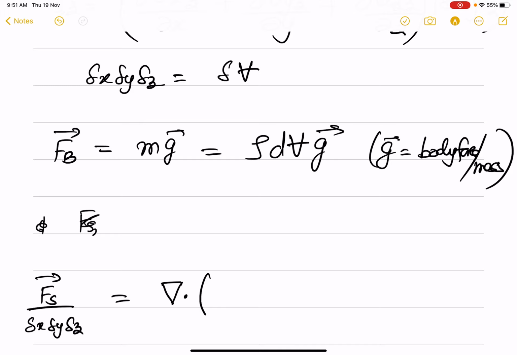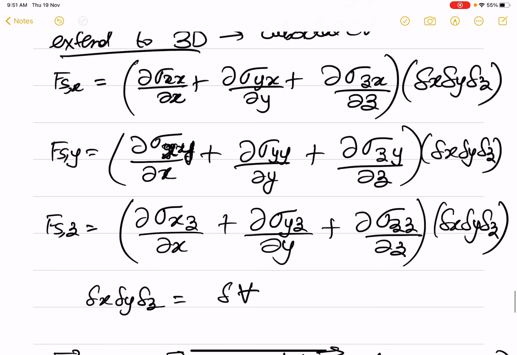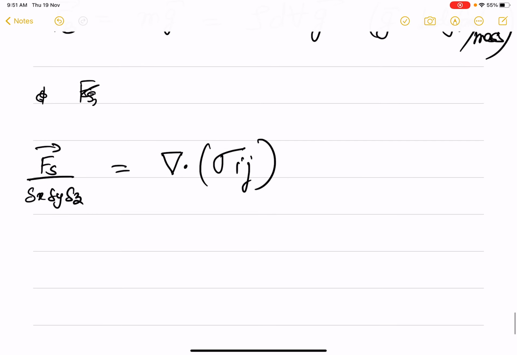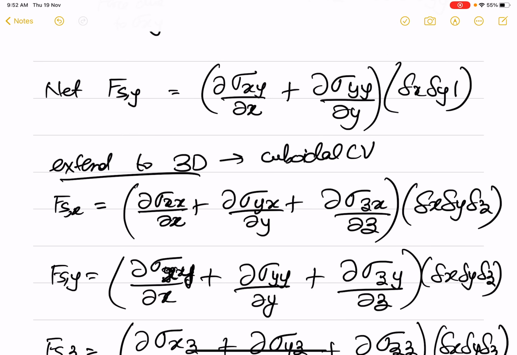We will use divergence of sigma ij. Now that means this total partial sigma xx plus partial sigma yx plus this thing multiplied by i.